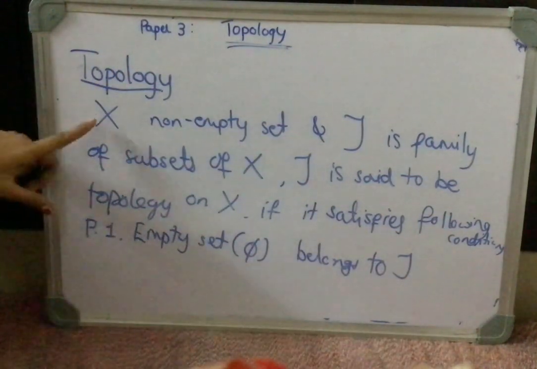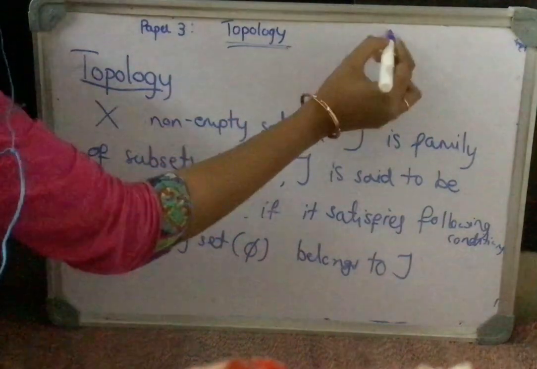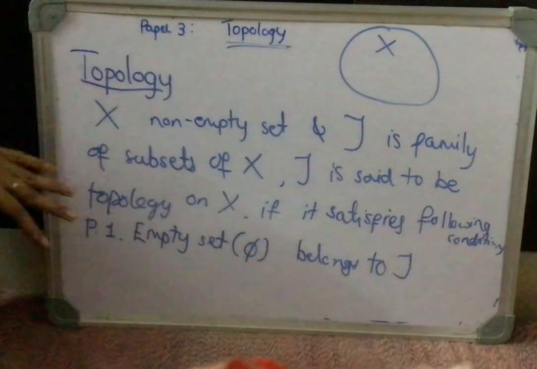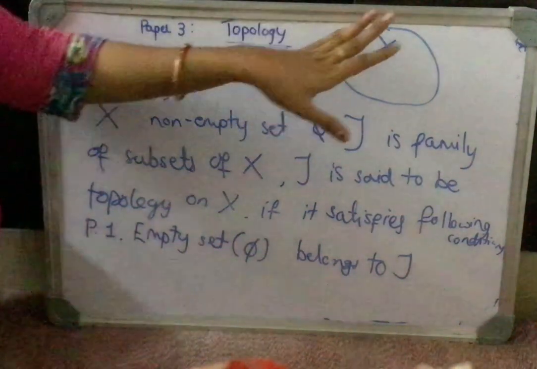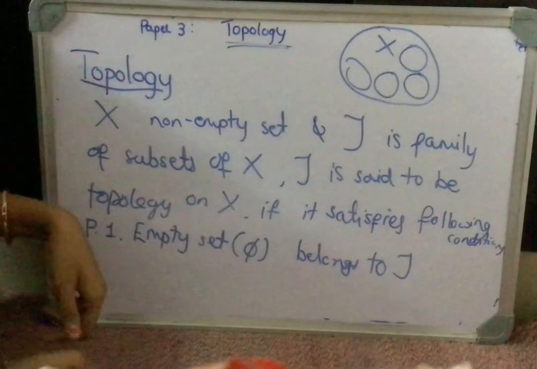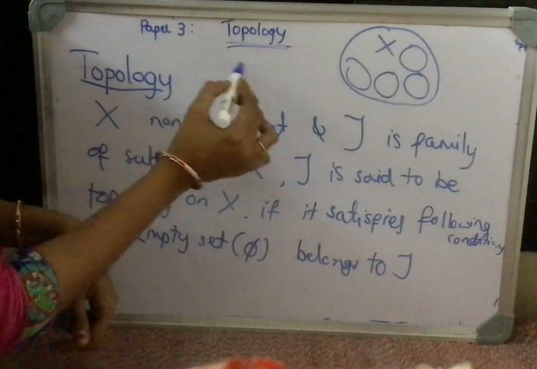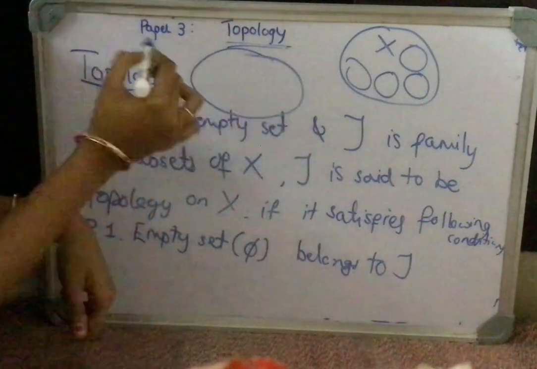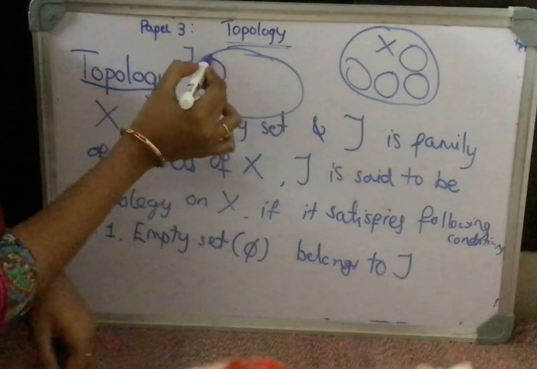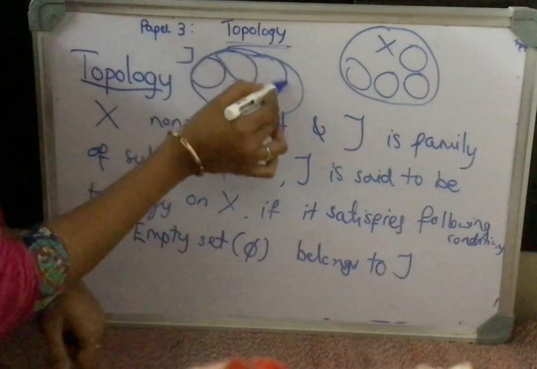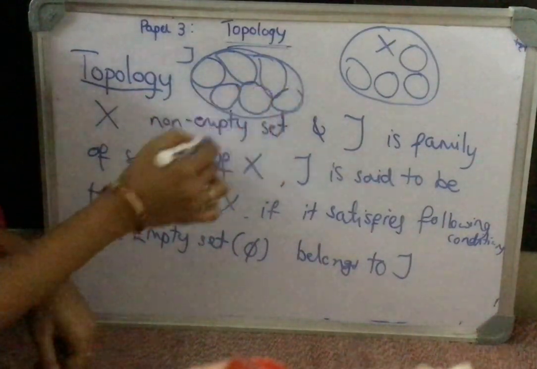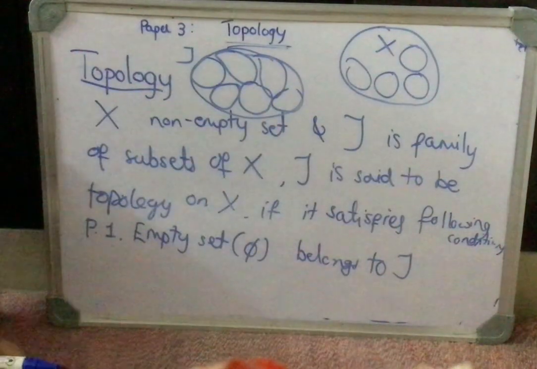So what they are telling here: x is any set, and on this set, a family of subsets of x, that is, some subsets of x. If we take a family of sets, that is tau, it contains not all the subsets, it is having some family of subsets of x.